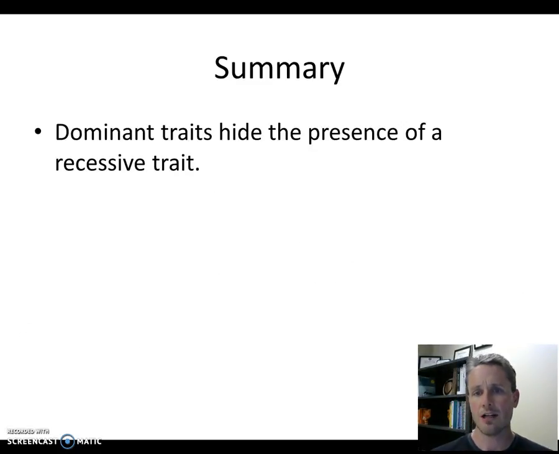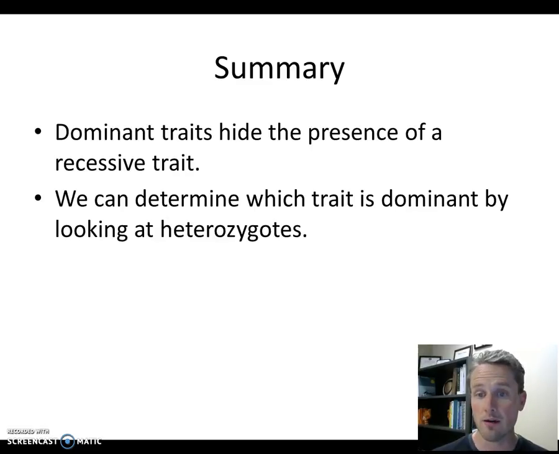Dominant traits hide the presence of a recessive trait. When you have both of them together, one allele of each, we will see the dominant phenotype. We can determine which trait is dominant only by looking at a heterozygote individual. So when we have both traits present, we'll observe the phenotype of the dominant trait.